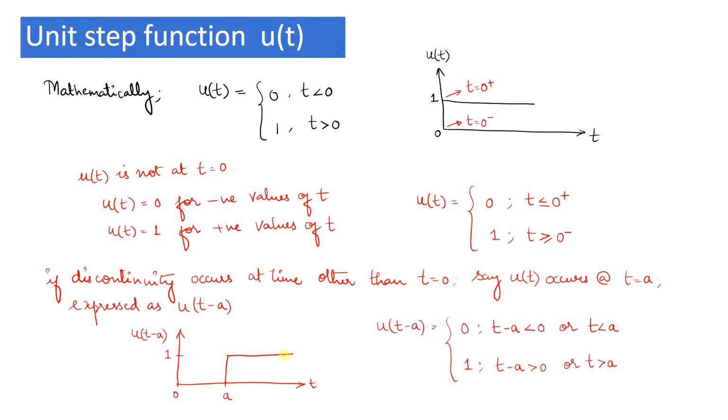Similarly, we can consider the discontinuity if you have a signal u of t plus a. So in this case, the waveform or the signal can be represented as u of t plus a will be equal to having an amplitude 1 and this interval is 0.